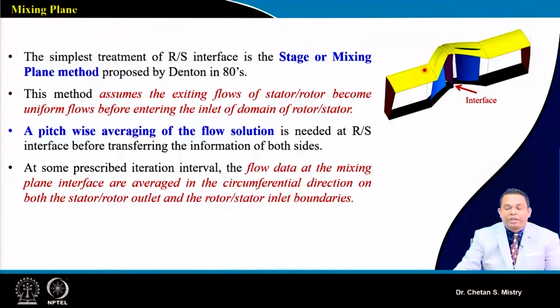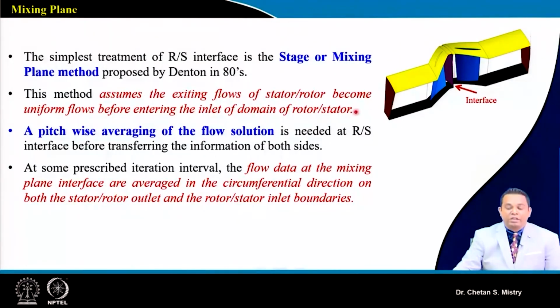So what it does is, when the flow reaches this interface, it becomes uniform, and that uniform flow is what will enter the downstream rotor or stator domain. Now what it is doing is pitchwise averaging of the flow solution, that is what is transferred from one domain to the other domain.